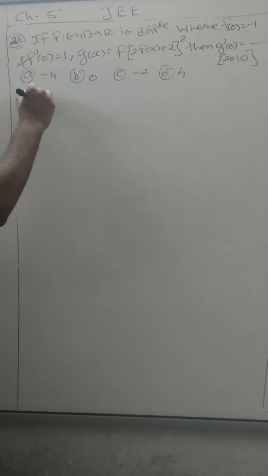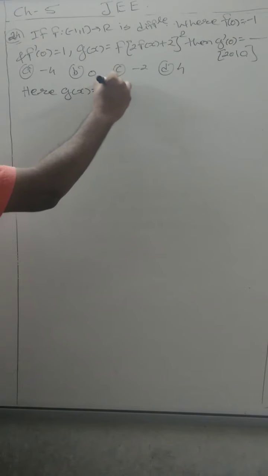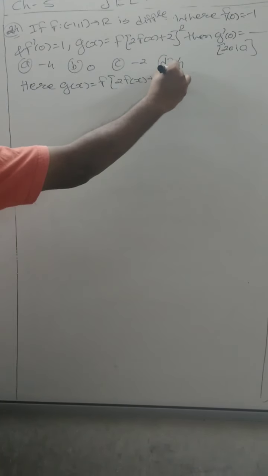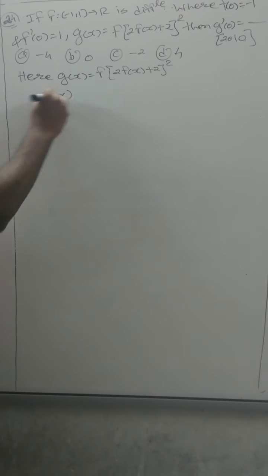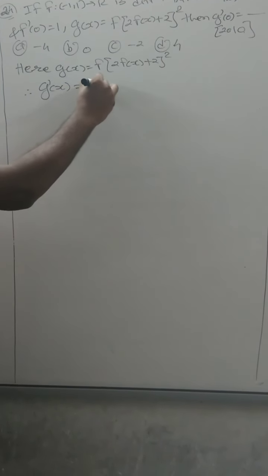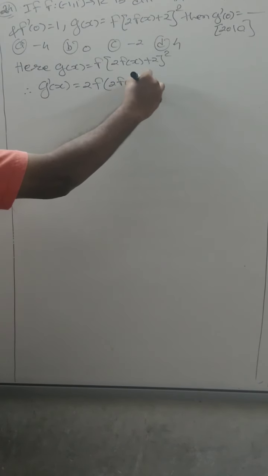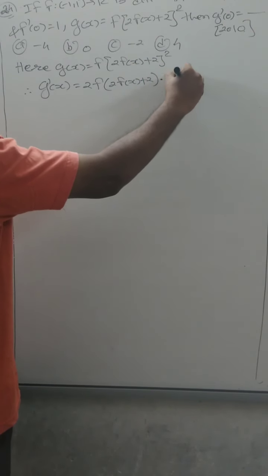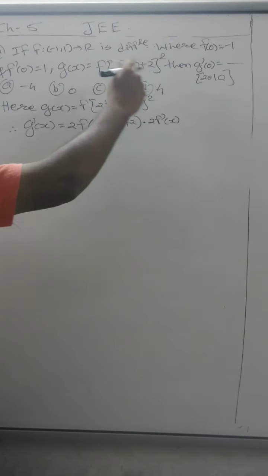Here gx is equal to f of 2fx plus 2 whole square. Okay, so here g dash x is equal to 2f of 2fx plus 2, then applying chain rule, 2f dash x. Just a minute.